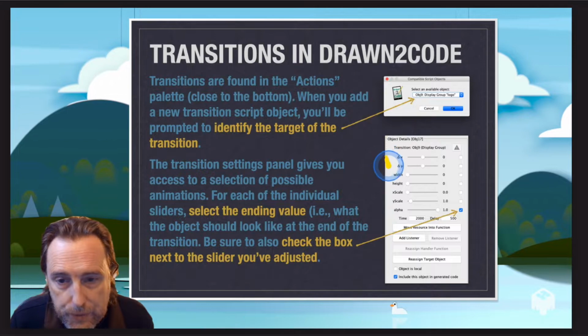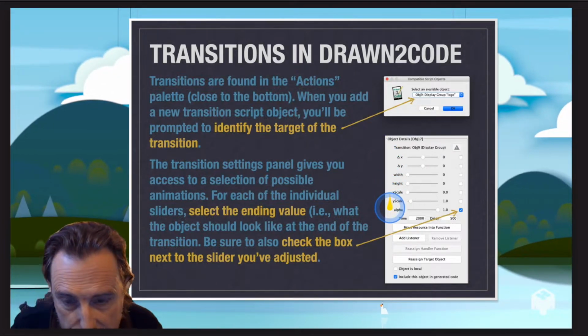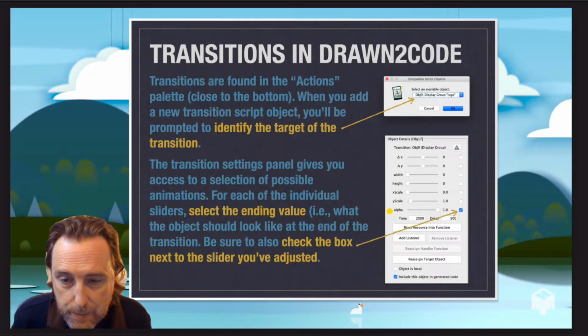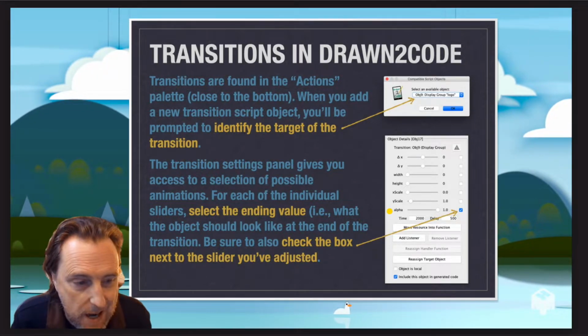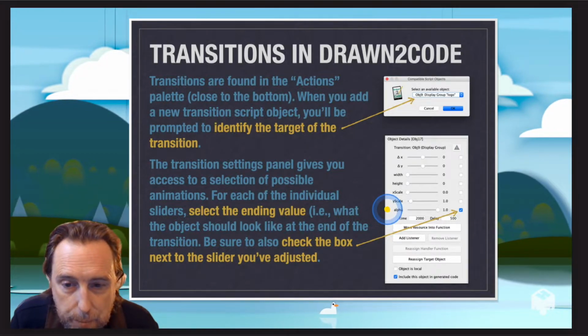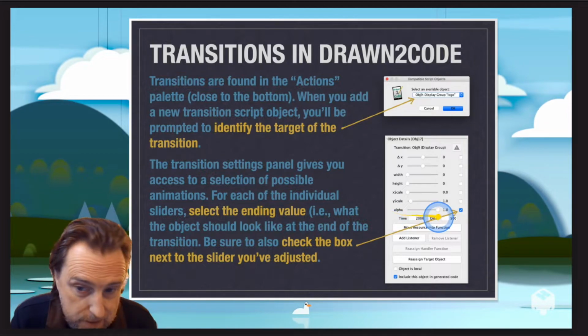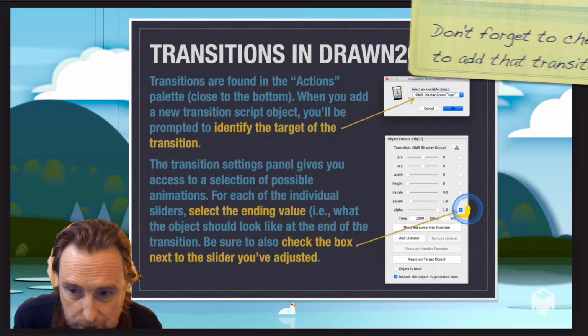So we'll do most of these at various points over the rest of the material, but initially we're starting out by changing the alpha. So if you want to modify the alpha to 1, you'll make sure the alpha slider's slid all the way over to 1, and you'll want to check the box.